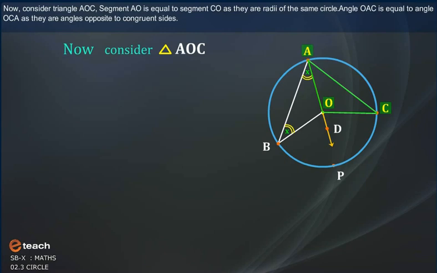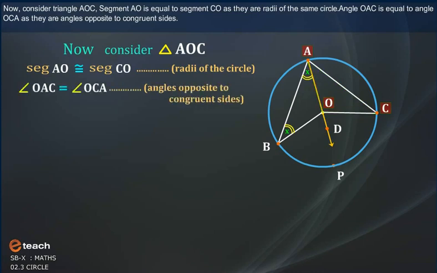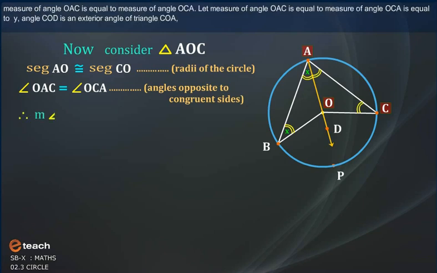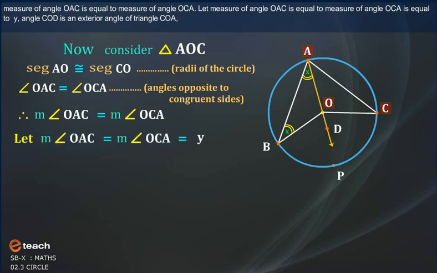Now consider triangle AOC. Segment AO is equal to segment CO as they are radii of the same circle. Angle OAC is equal to angle OCA as they are angles opposite to the congruent sides. Therefore, measure of angle OAC is equal to measure of angle OCA. Let measure of angle OAC is equal to measure of angle OCA is equal to y.